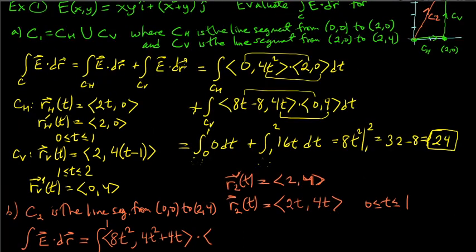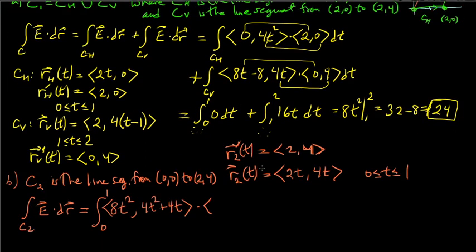Well, it doesn't have to be an electric field. It's just a vector field, so I'm using E for a generic vector field here. And then the derivative of r is just 2, 4 dt, and we're going from 0 to 1.